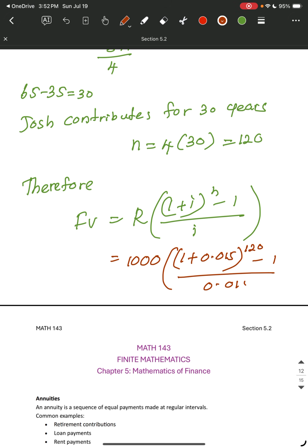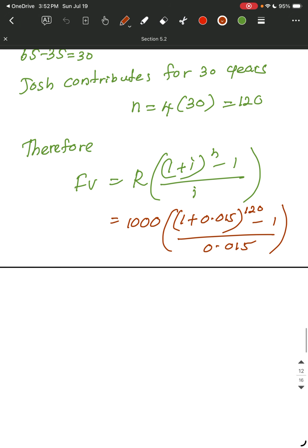Approximately the value should be 331,288 and 19 cents. So Josh will have approximately that.